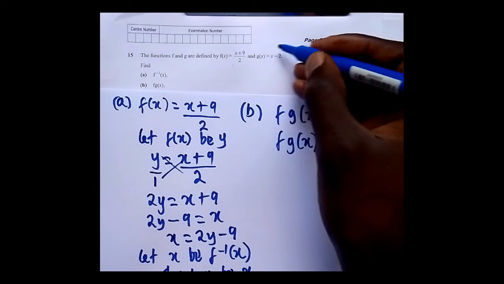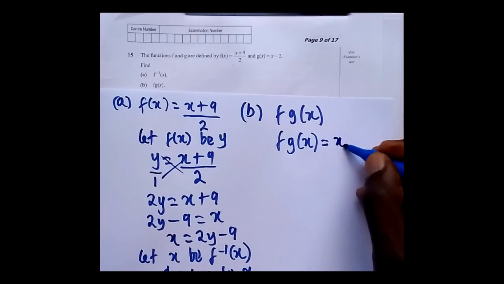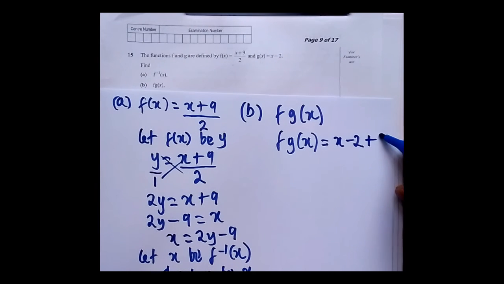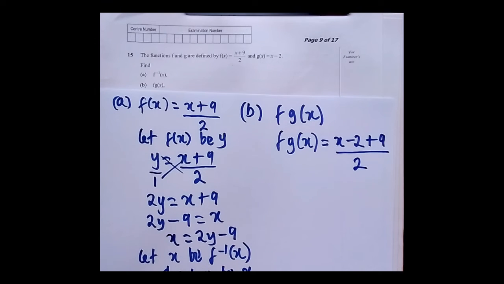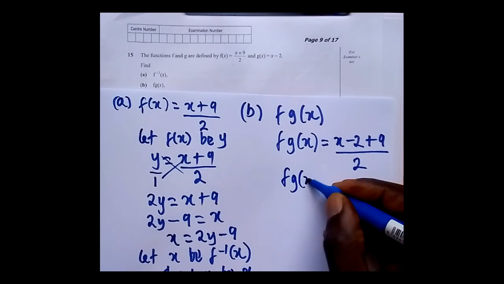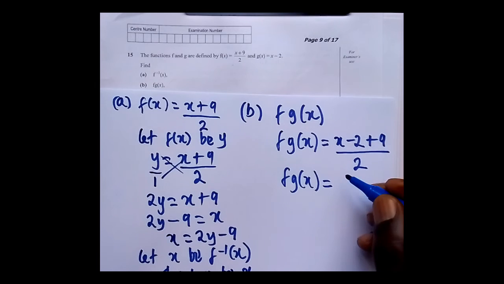On x, we're going to put x minus 2. Where there's x there, we'll just say x minus 2, then plus 9, then everything over 2. So fg of x is equal to (x minus 2 plus 9) over 2. Here we just work with the like terms. Negative 2 plus 9 we'll add there.